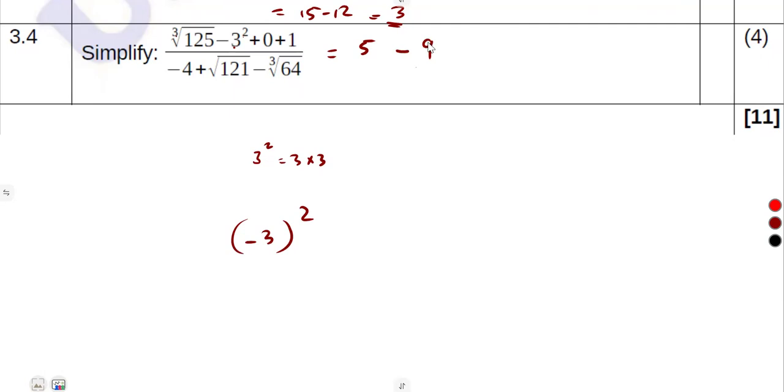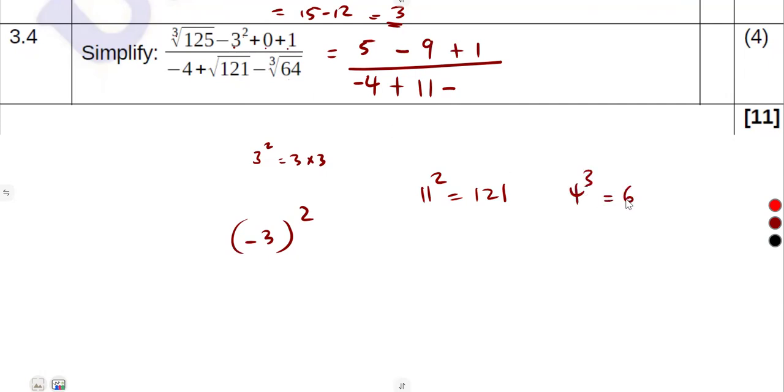So that will be negative 9. All right. 0 plus 1, that's a 1 over what? Minus 4 plus the square root of 121. Remember, 11 squared gives us 121. So the square root of 121 is 11. Minus the cube root of 64. 4 to the exponent of 3 gives us 64. So the cube root of 64 is a 4.